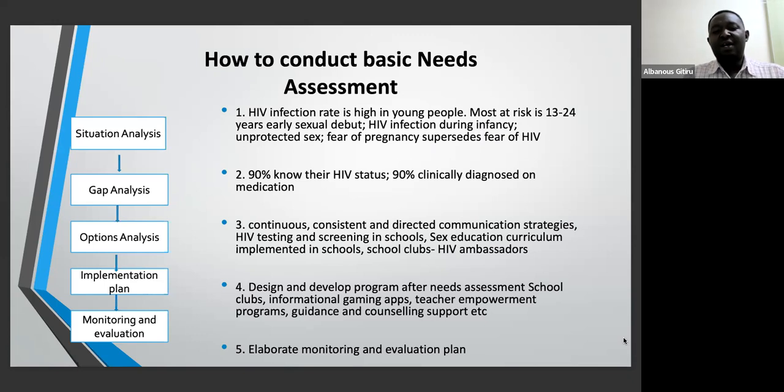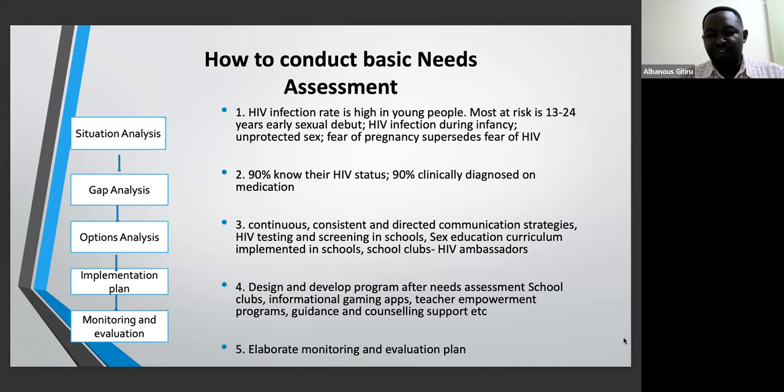Then after we have the options, what is the implementation plan? How are we going to implement these options? You look against bullet number 4, and we say we can implement this by designing and developing programs after the needs assessment.